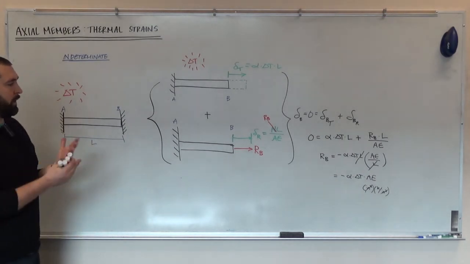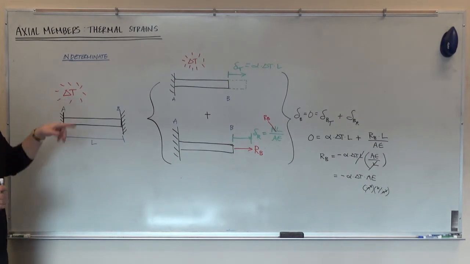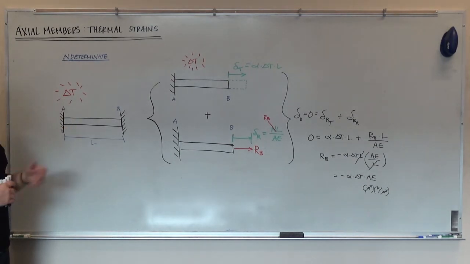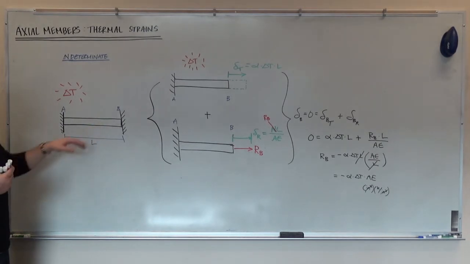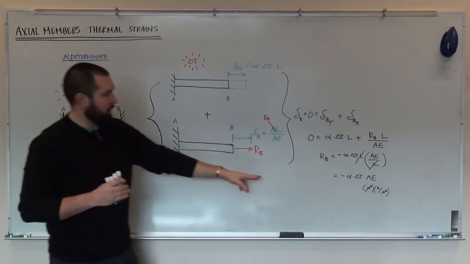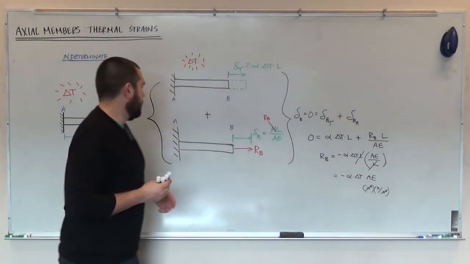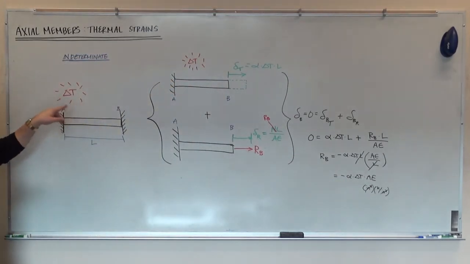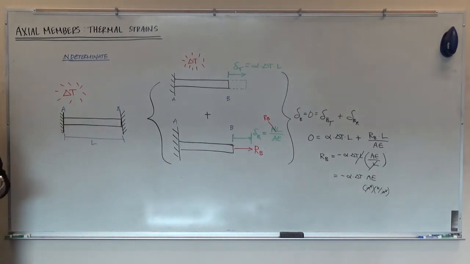Or you could ask it in a different order and you could say, well, what delta T is required to reach a specific normal force in the column? And you notice here we've increased the temperature and that induced a negative internal normal force, so compression. If I were to cool this down, if I had a negative delta T, I would have gotten tension in this member. And intuitively, that makes sense.